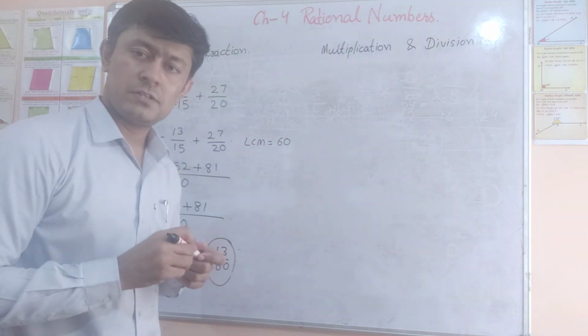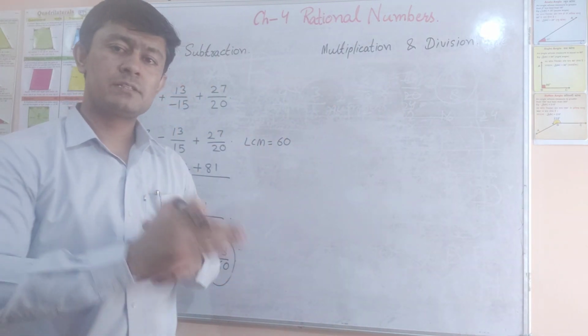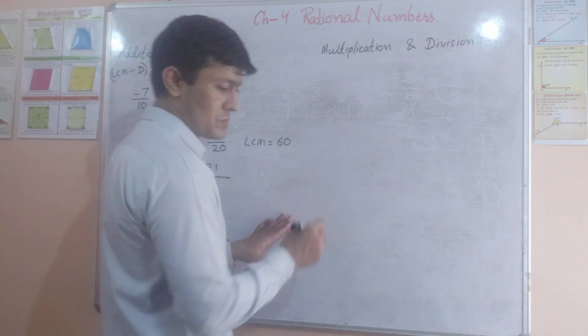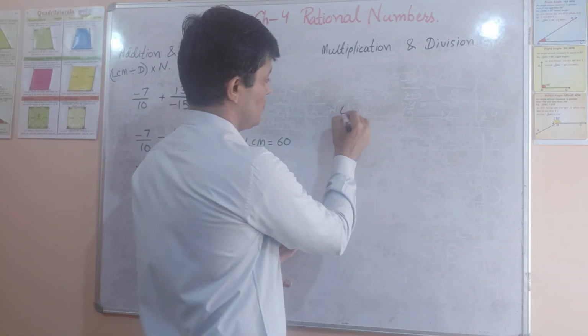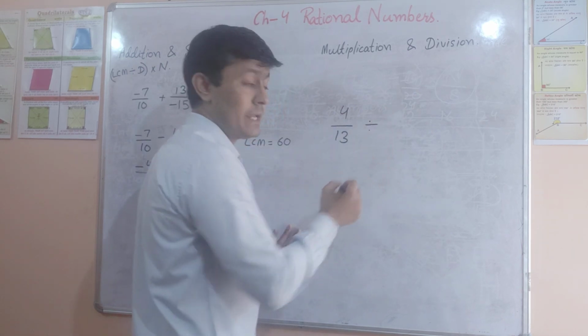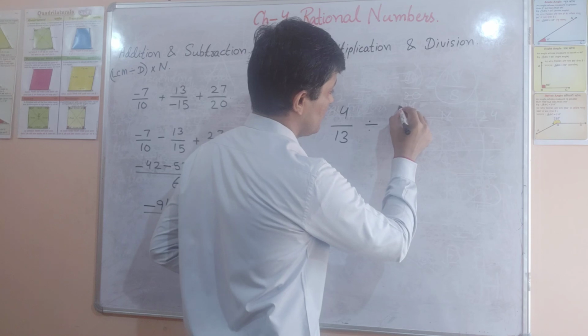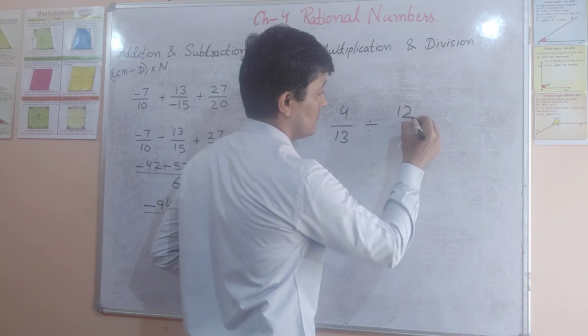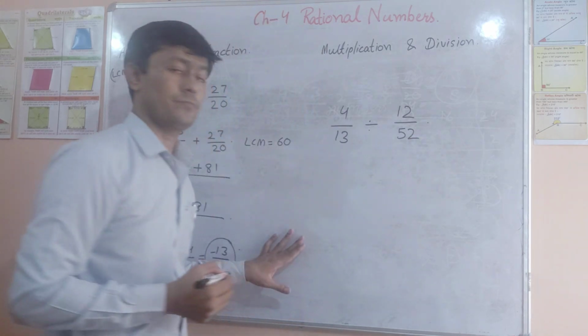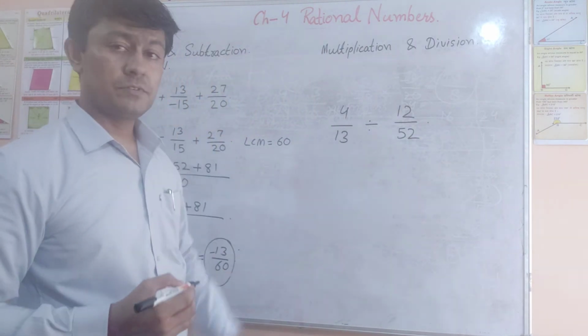In case of division, you have to take the reciprocal of the next rational, right? Now see, suppose I am going to take an example, 4 upon 13 divided by 12 upon 52. I have written this one, division.